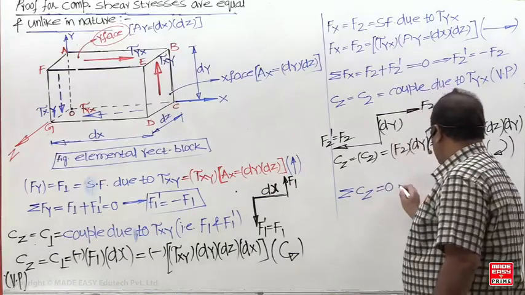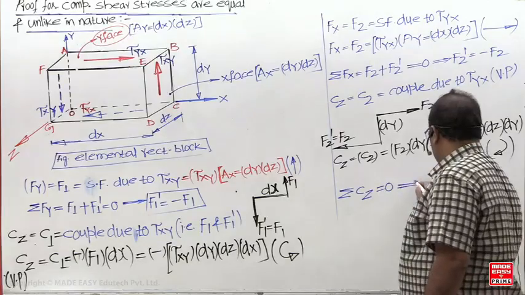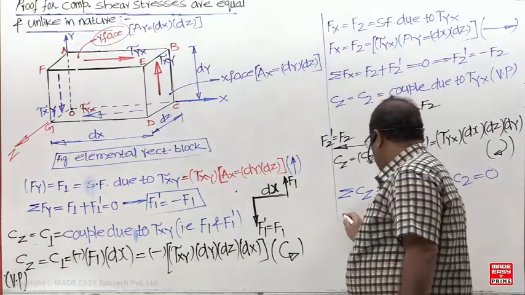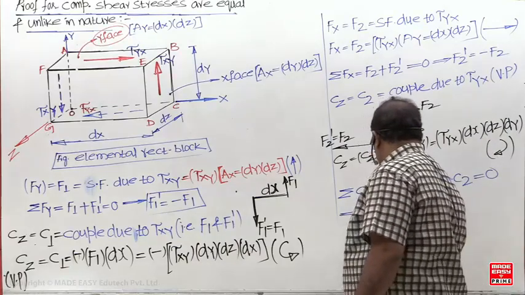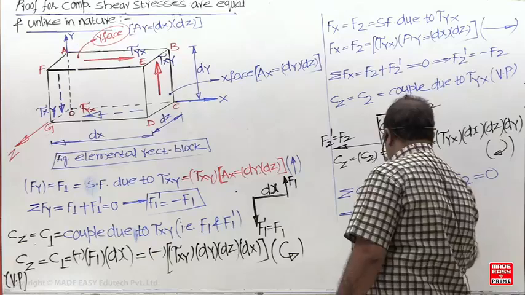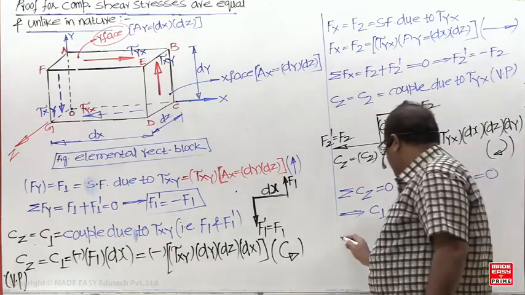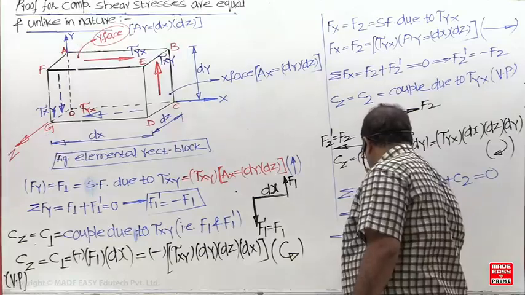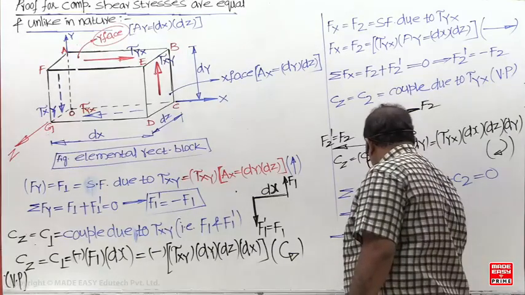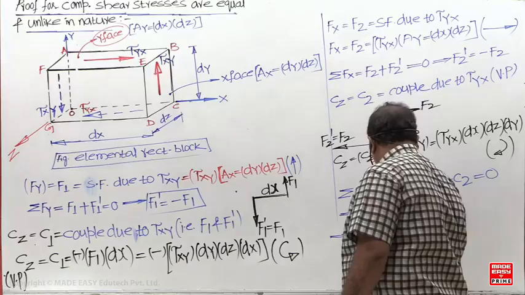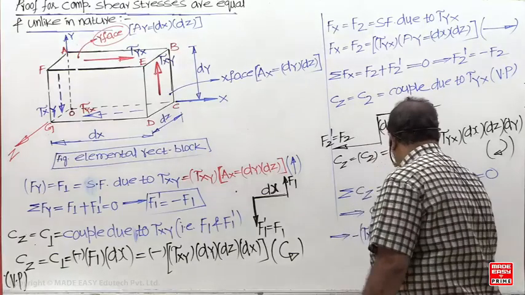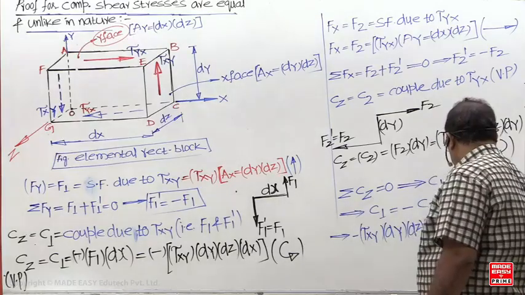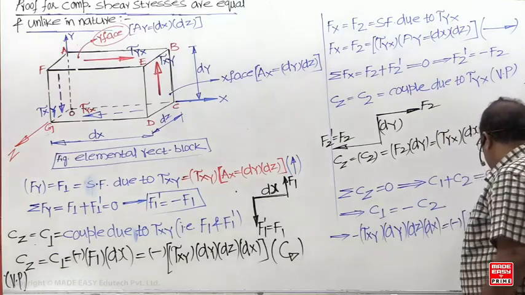That is, C1 plus C2 should be 0, that is, C1 is equal to minus C2. But the C1 value we got. But the C2 now.